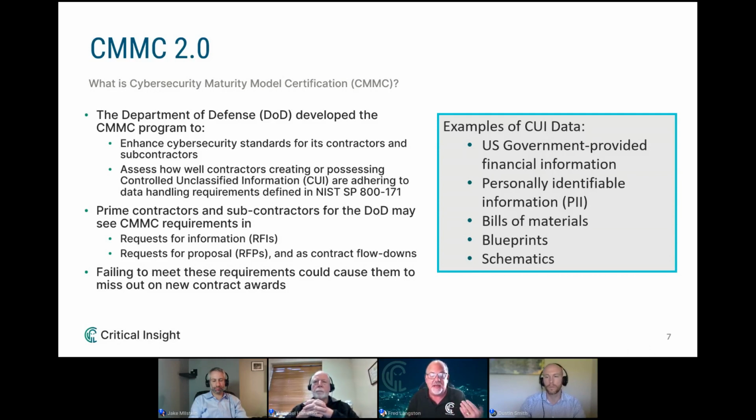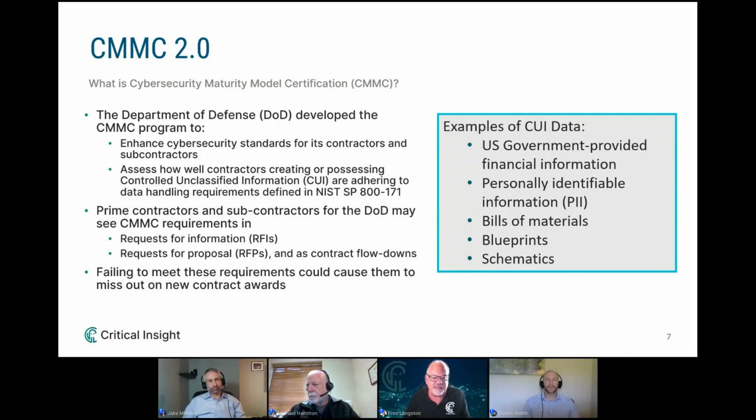So they created the Cyber Maturity Model Certification. At the time, it was 1.0. We didn't know there was going to be a different version. So it was just the CMMC. And it was an effort to put a bunch of rigor around people either self-attesting or, more importantly, having third parties, C3PAOs, as they're known, third-party assessors that will come in, assess you, or audit you, if you will, against the standard and provide a certification that says, in fact, you're compliant with this.